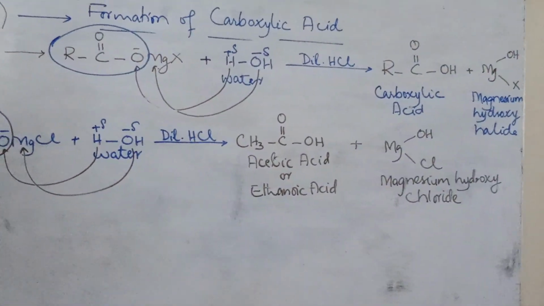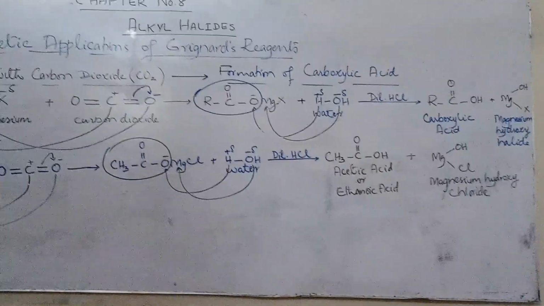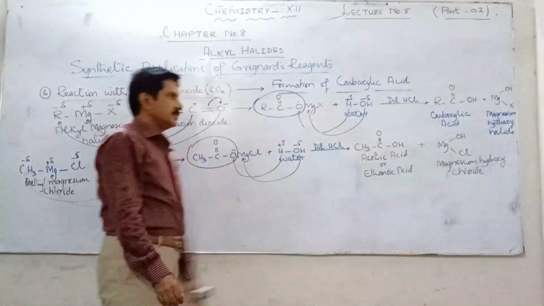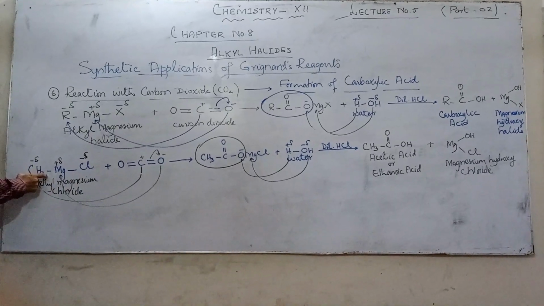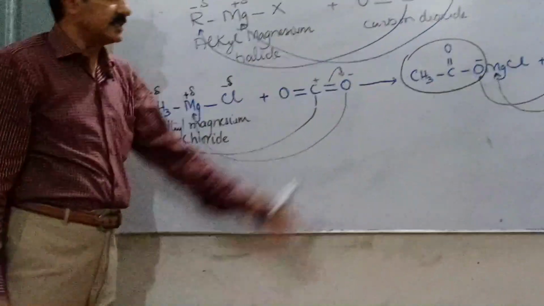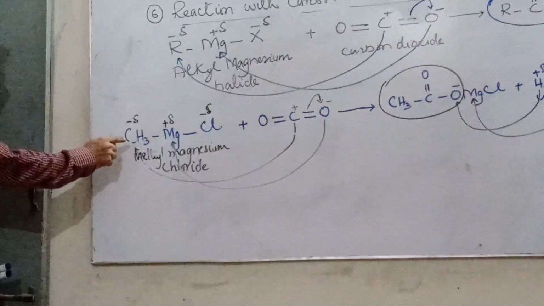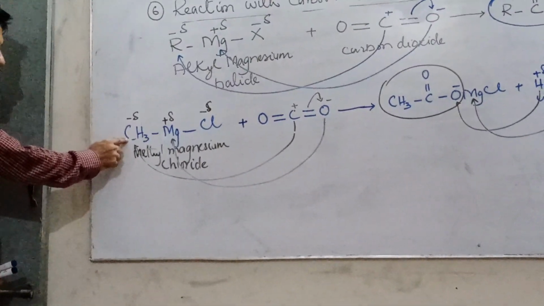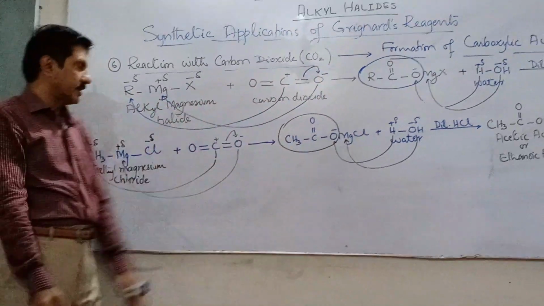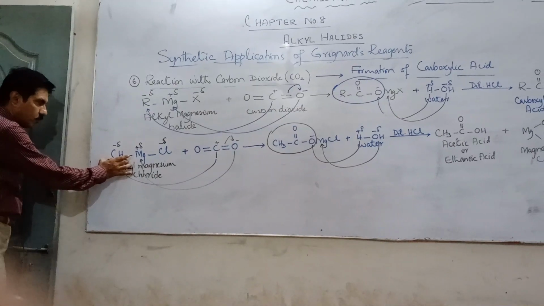Now here one thing I must tell you, whatever type of carboxylic acid you have to make, you have to take that alkyl radical here. If you want to make propionic acid as the main product, you have to make this one the ethyl group. If you want to make butyric acid as the product, you have to take propyl group here.